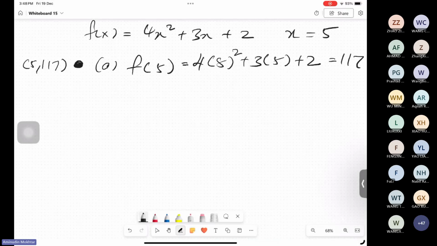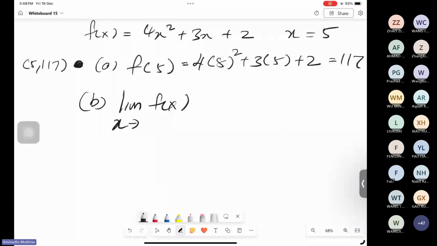Okay, that's rule number 1. For rule number 2, we need to find the limit of f(x) when x approaches 5, because x equals 5 is the number given in the question. We need to determine whether the function is continuous or not at this point.